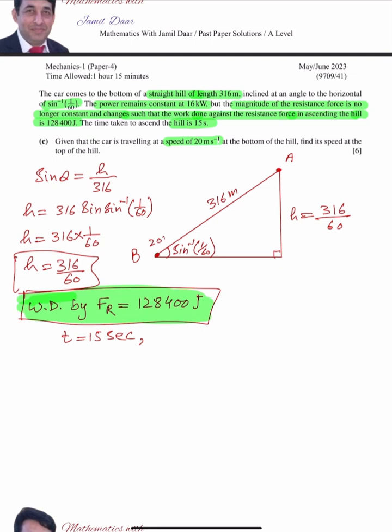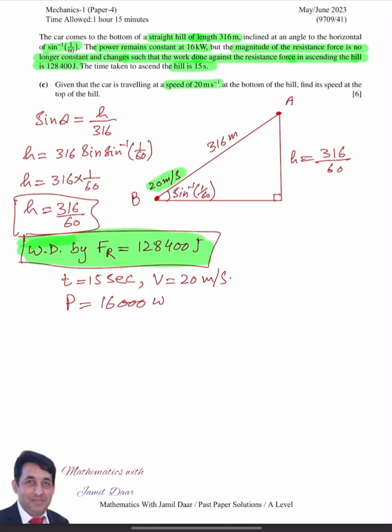So V is equal to 20 meter per second. Power is equal to 16,000 watts.